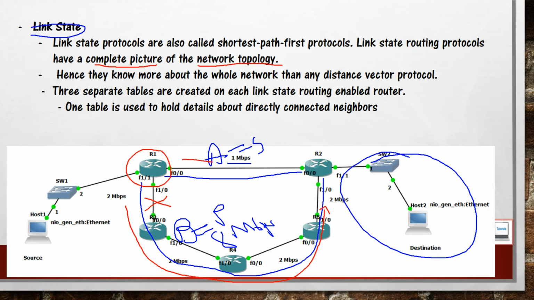It will use this path, which is the secondary path, to forward the traffic from the source towards the destination. And it will choose and activate this path promptly. It will be so quick that convergence time is very minimal in comparison to distance vector routing protocols.